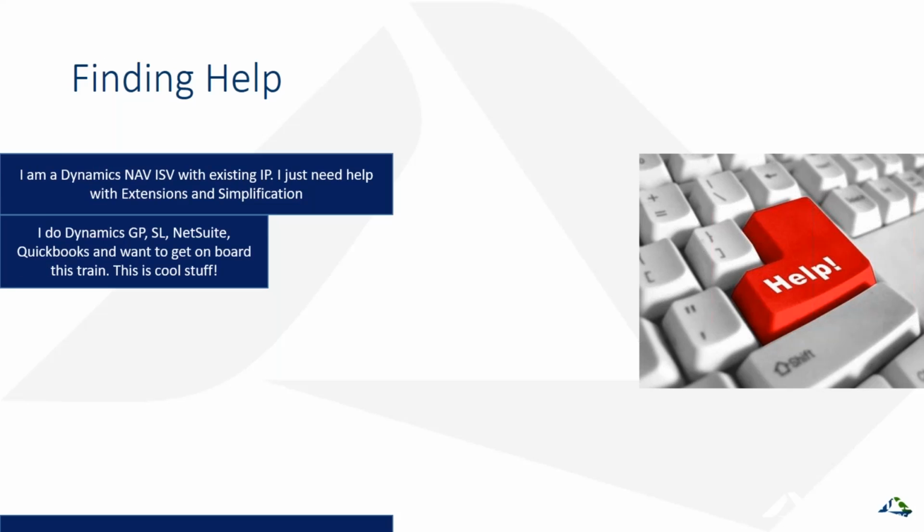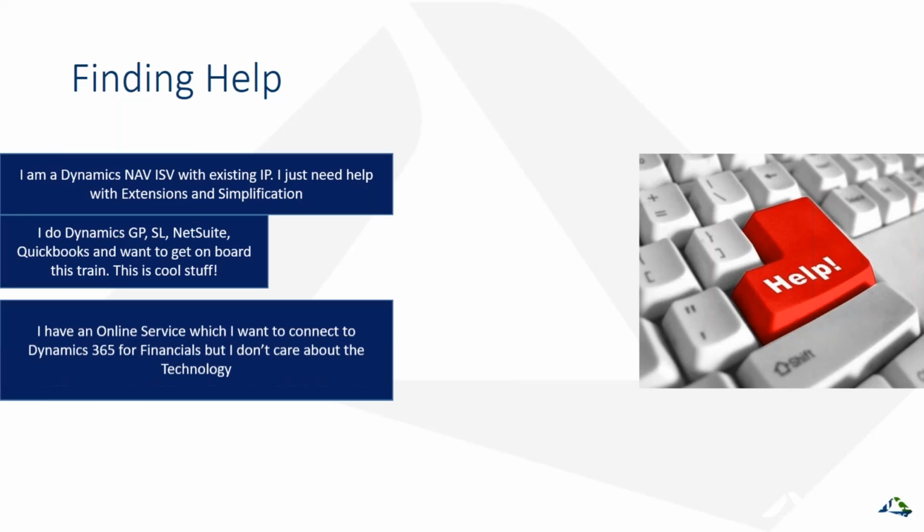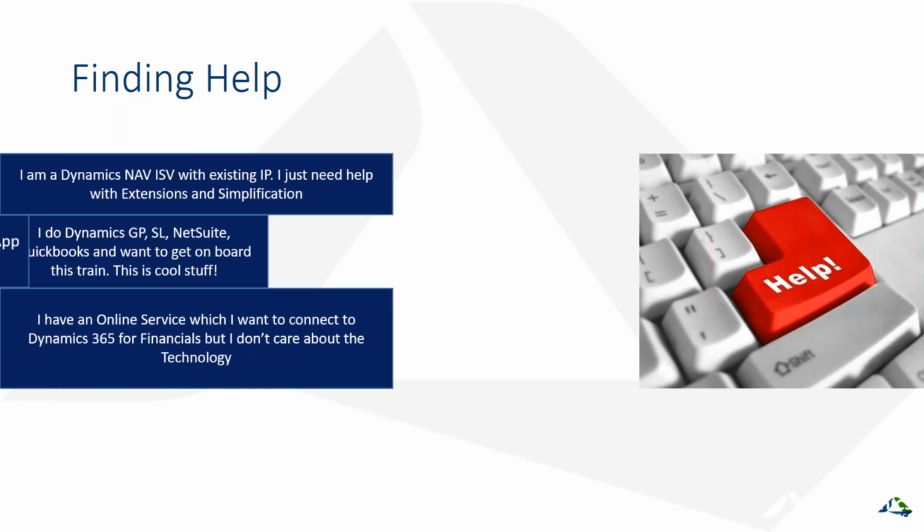Maybe you are doing GP, SL, or NetSuite, or QuickBooks, and you see all of this cool stuff, and you want to get on board of this train. Or you are an online service like Avalara or someone else, and you really don't care about the business logic or the AL programming language or all the technical bits and pieces. You just want it to work, right?